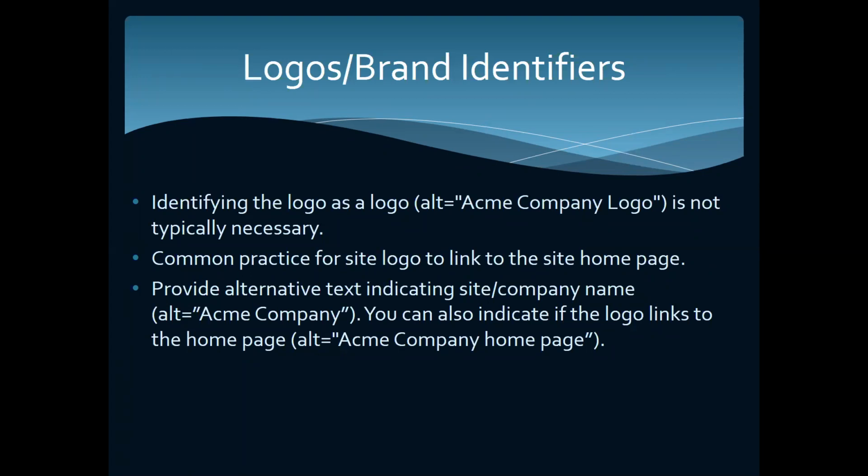Pretty common practice is for the site logo to link to the site homepage. In this case, the alternative text could indicate just the site or company name, Acme Company, University of Alabama. You could also indicate that the logo links to the homepage, Acme Company homepage or University of Alabama homepage.